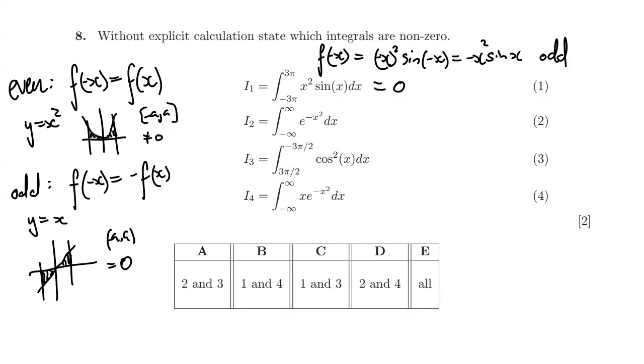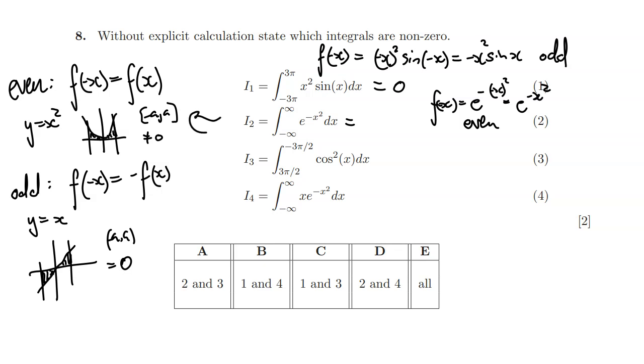Next, e to the minus x squared. So what's f of minus x? f of minus x is e to the minus x all squared, which equals e to the minus x squared. Therefore, this is an even function.